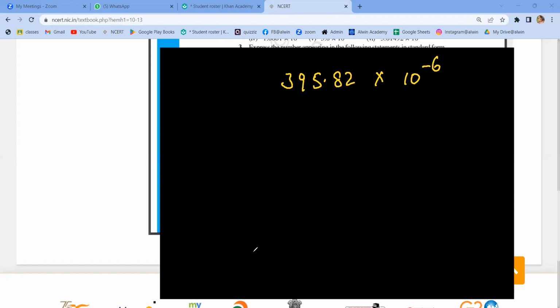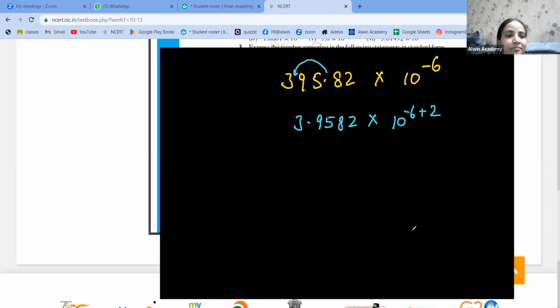Now what will happen? Ma'am, then it will be 2 steps towards the left. Then it will be 3.9582 times 10 to the power minus 6 plus 2.